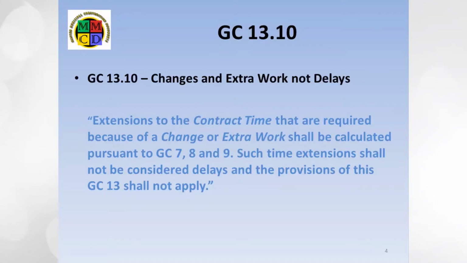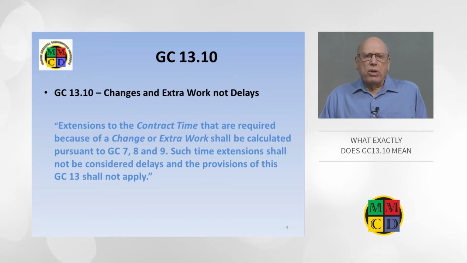Extensions to the contract time that are required because of a change or extra work shall be calculated pursuant to GC 7, 8, and 9. Such time extensions shall not be considered delays, and the provisions of this GC 13 shall not apply. On the face of it, that seems weird. We know that any time extension to the contract must be authorized and formalized with a change order, whatever the cause.